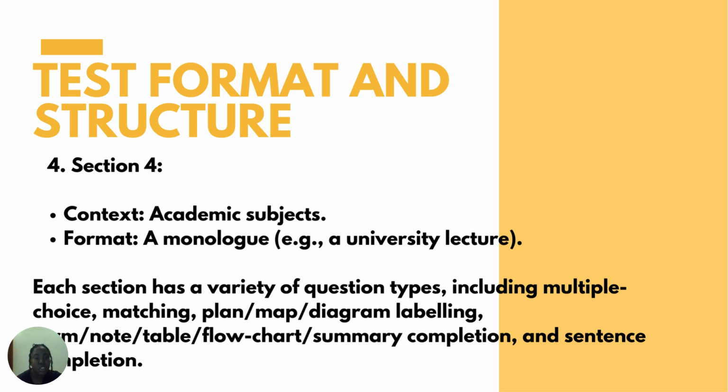They have multiple choice, matching, plan, map and diagram labeling, and completion questions. When you see form notes, just know that completion questions look like filling the gap. So filling the gap kind of questions are what we call completion questions. That's the general format and structure of the IELTS listening section.